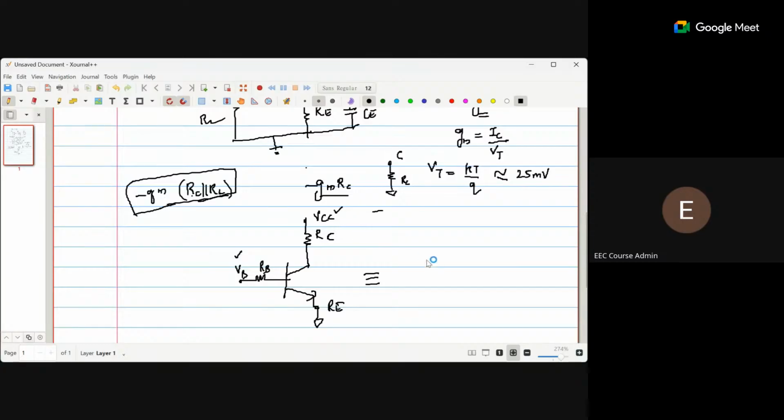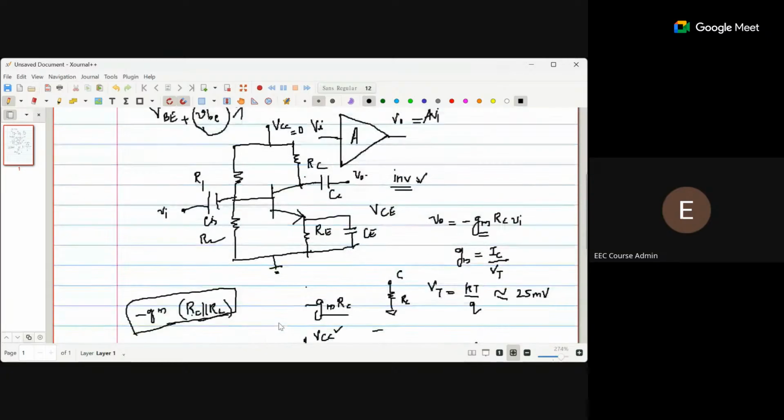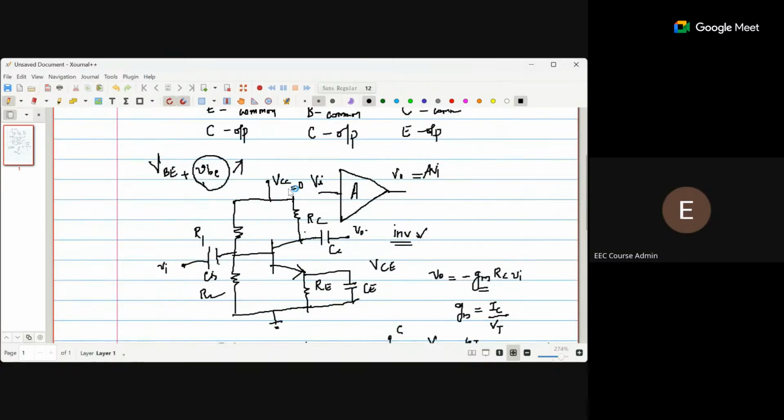That is the fundamental idea of voltage divider biasing. VB will actually be VCC times R2 by R1 plus R2, so that in this voltage divider biasing, you need only one power supply. Otherwise, the things are the same.